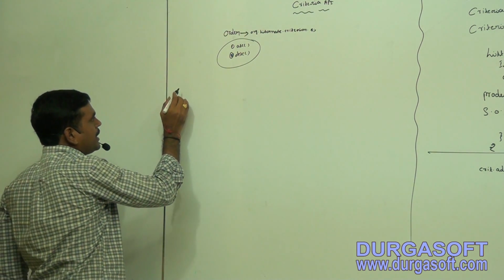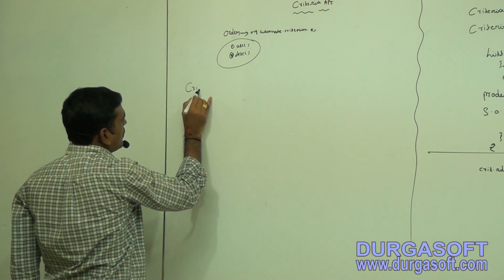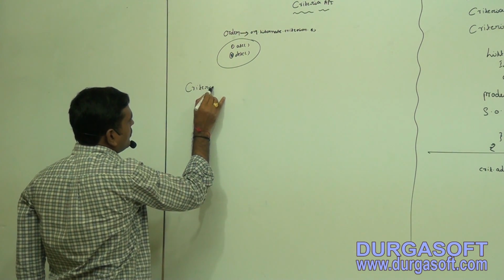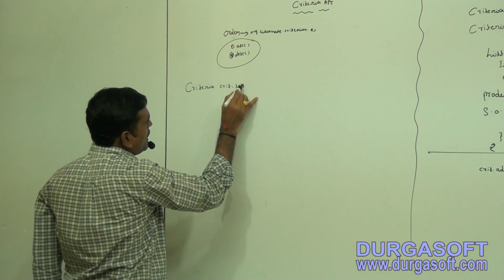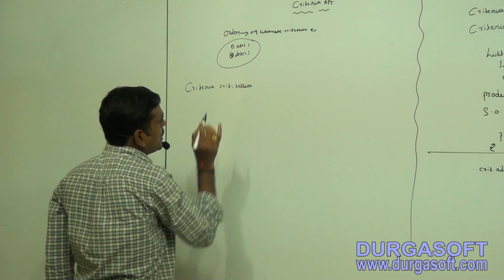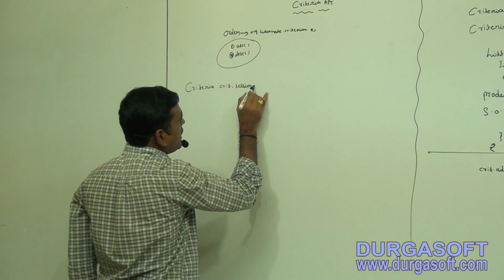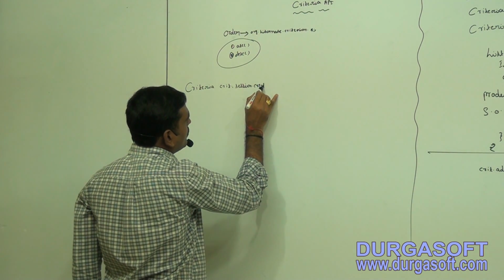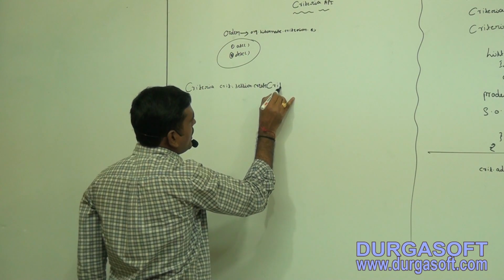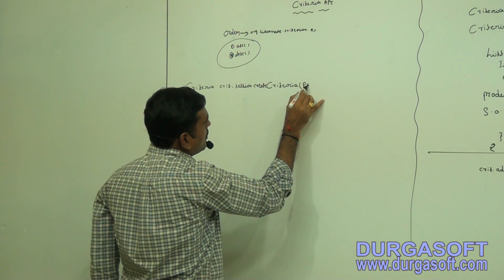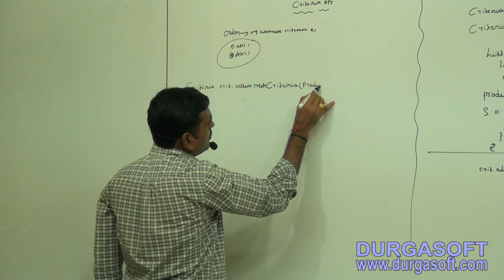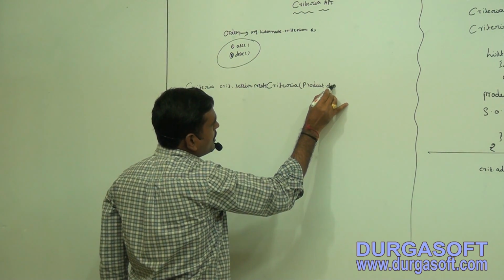After getting the criteria object, crite is equal to session dot createCriteria. Under that, Product dot class.